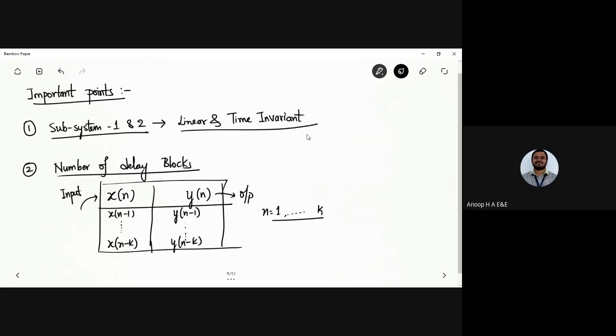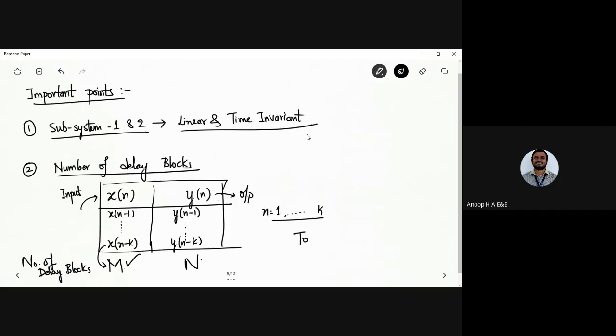For the input, say you have m delay blocks for x of n minus k, and for the output you have n delay blocks.